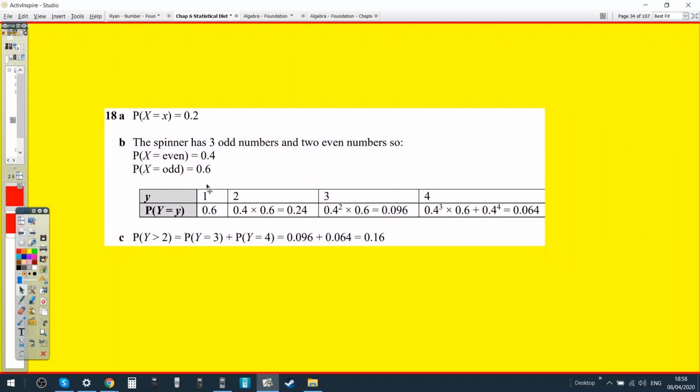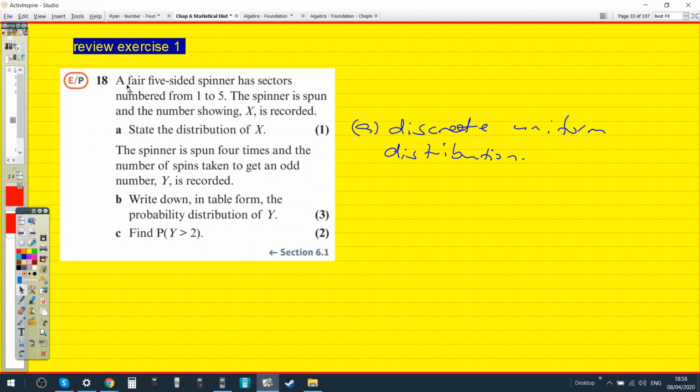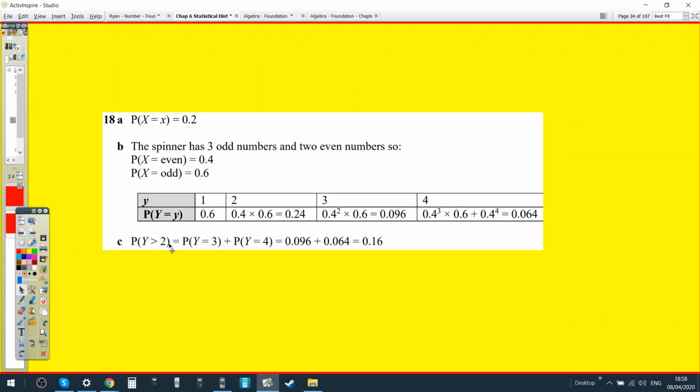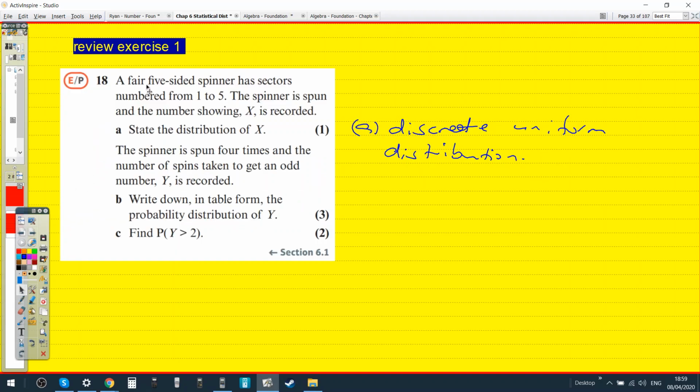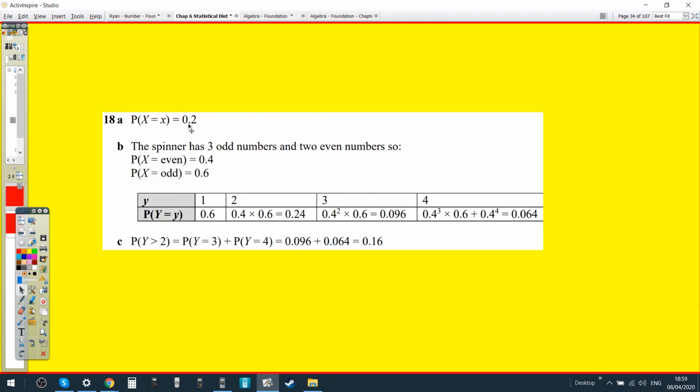Hold the phone. Is this the right answer? 18. A, B, C. Y is greater than 2. Y is greater than 2. What? State the distribution of x. The probability of x is 0.2. That seems wrong.